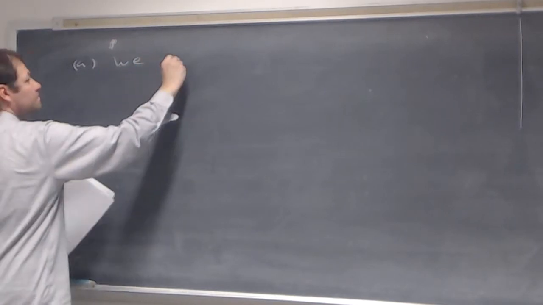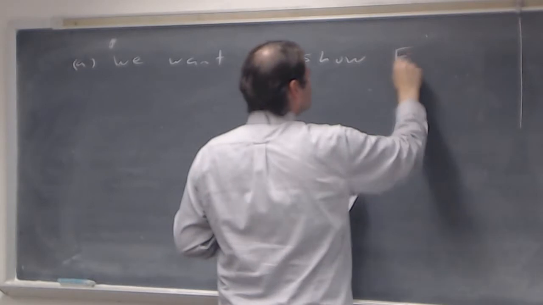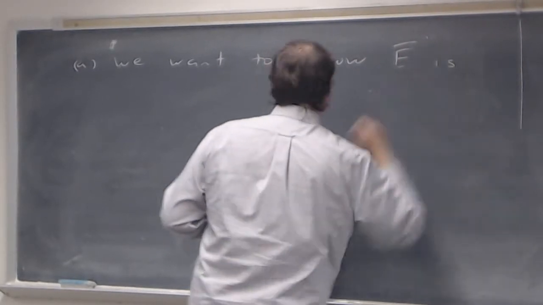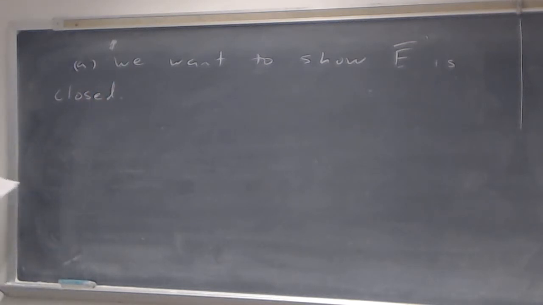Okay, so for part A, we want to show E closure is closed. And the way that we're going to do that is show that its complement is open.